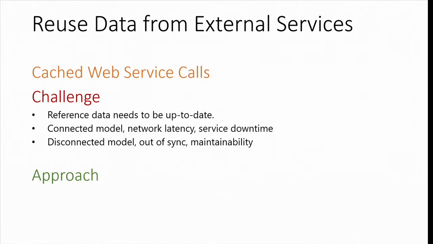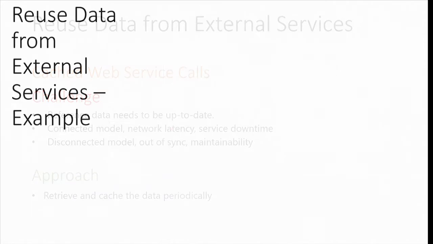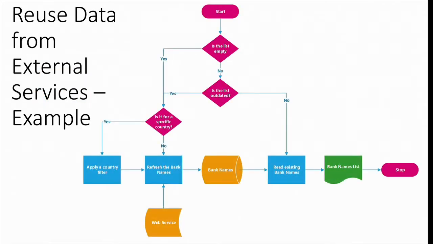Then what could be the alternative choice? We can actually pull the data out of the service, cache it, and reuse it. And then we refresh it periodically according to how the business requires this. So if we're going to do it this way, there is one example we have in mind about bank names. These bank names we use to communicate with another web service to figure out which format we're going to change the file to.